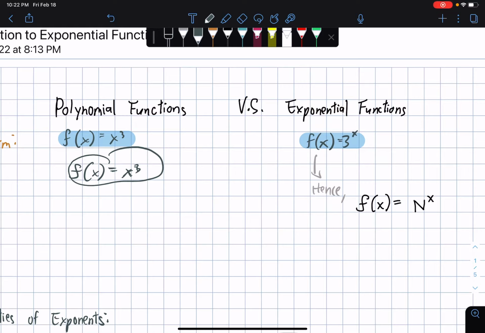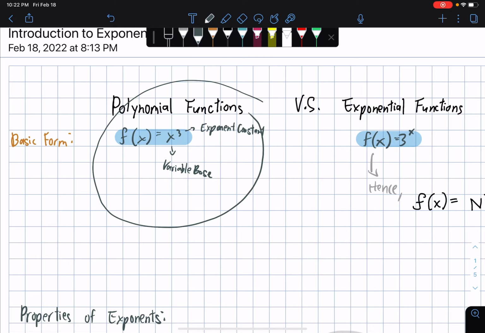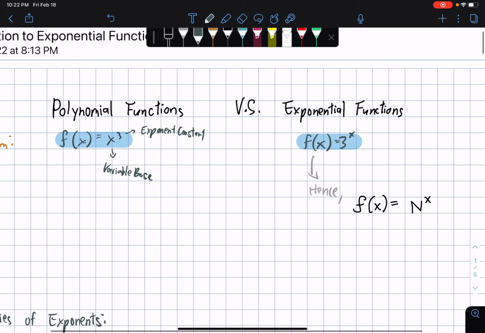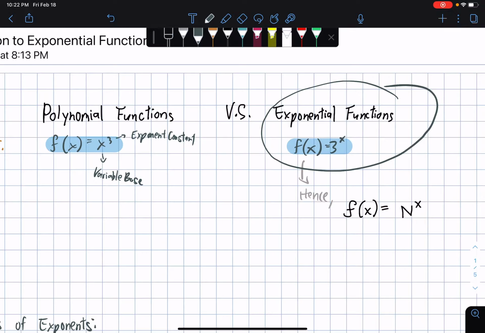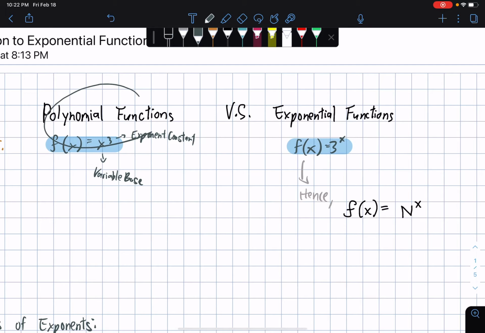So, acknowledge that for the polynomial function formula, our base is always the variable, and our exponent will always be a constant. For polynomial functions, I suppose that this lesson has been introduced before learning exponential functions, because exponential functions is a higher lesson than polynomial.